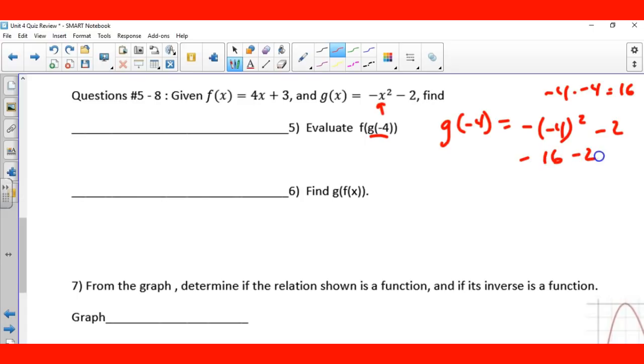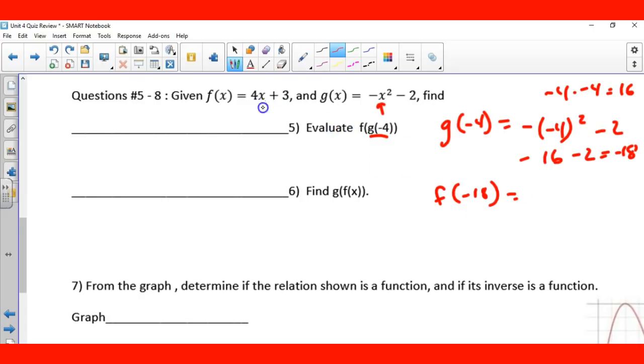So negative 16 minus 2 is going to be negative 18. Okay? So now I evaluated g of -4 to get negative 18. So now I have f of negative 18, right? Because g of -4 is negative 18. So now I'm going to evaluate f of negative 18.